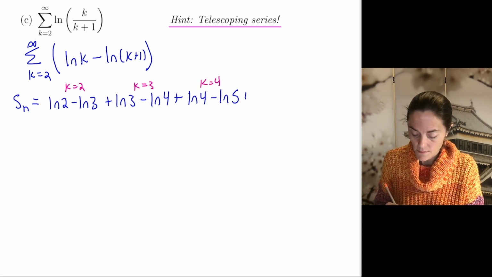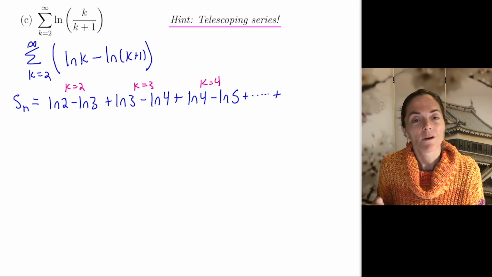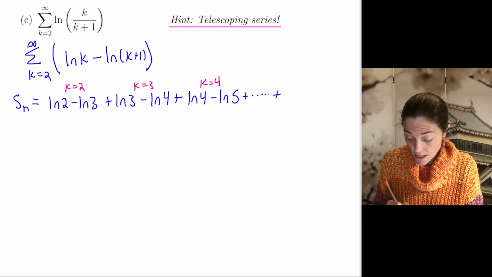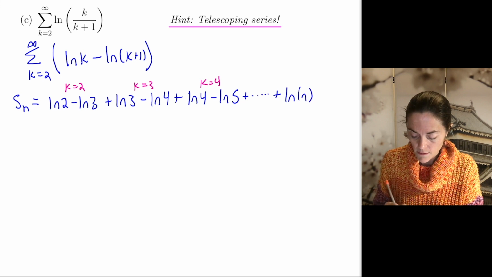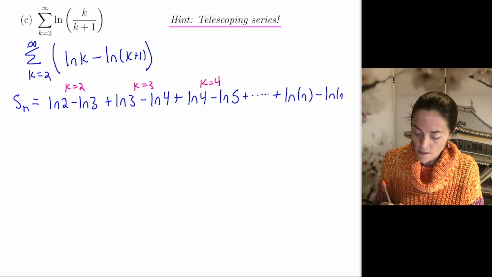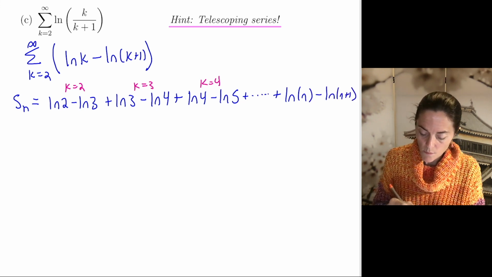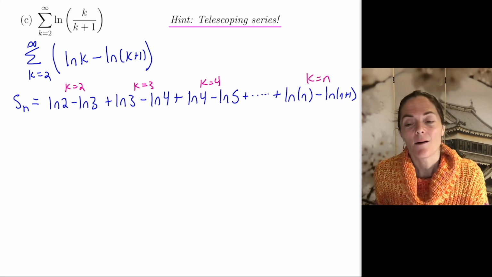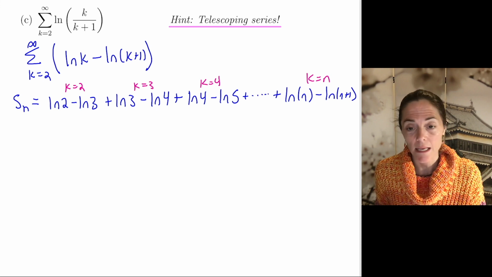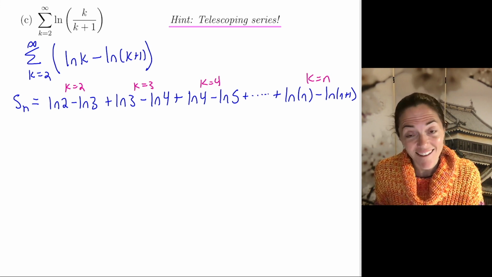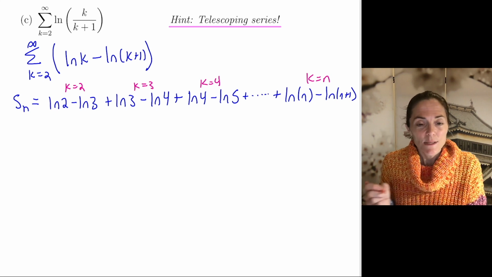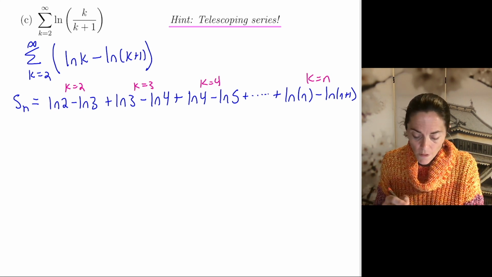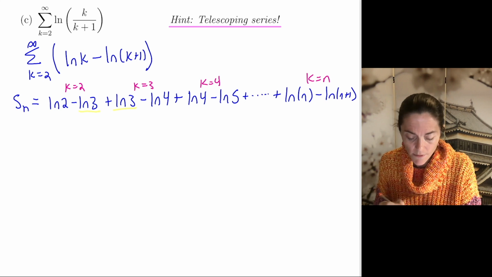Okay, now I will just jump to k equals n. We have ln n minus ln of n plus 1. This would be k equals n. Now here's where we realize we can get a closed formula for Sn, which is generally very hard with series. These two add to 0.